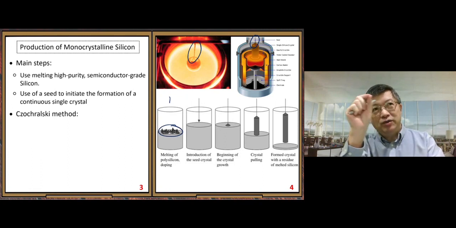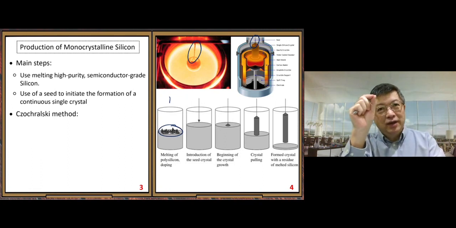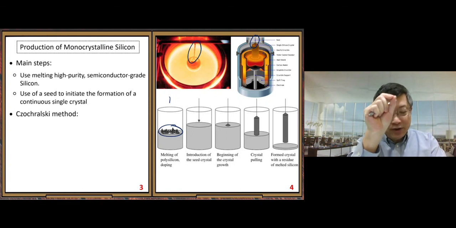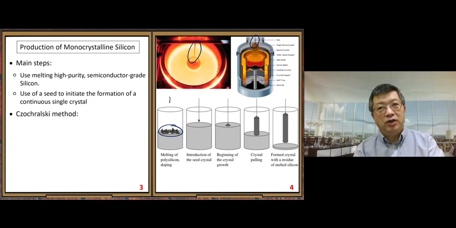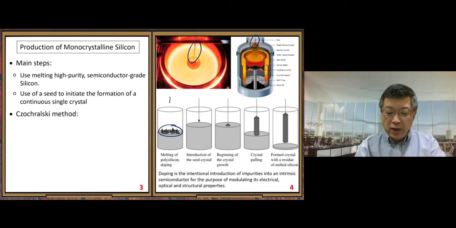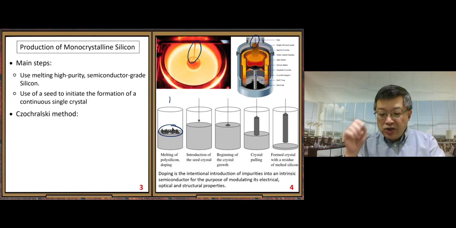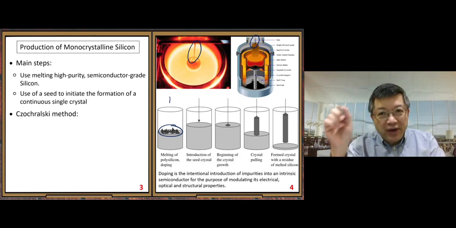Some special materials are used to do the doping. So what's the doping here? There is a special meaning in the semiconductor industry. The doping here means the intentional introduction of impurities.